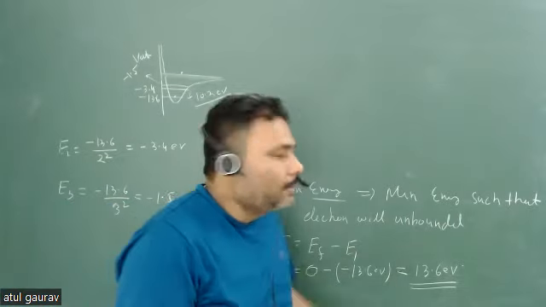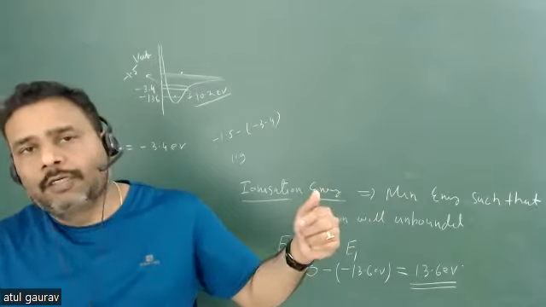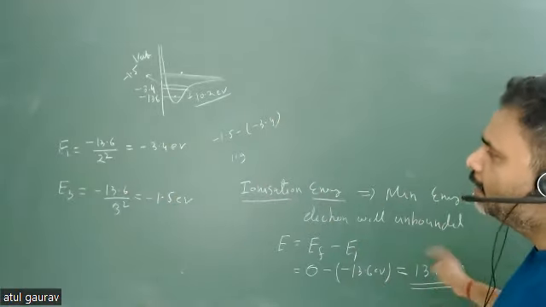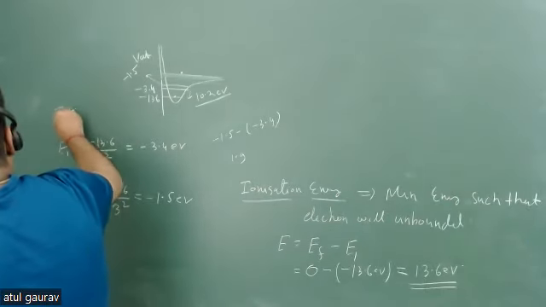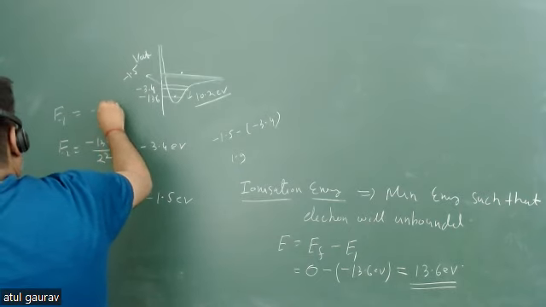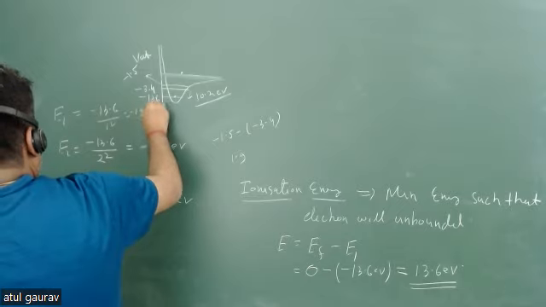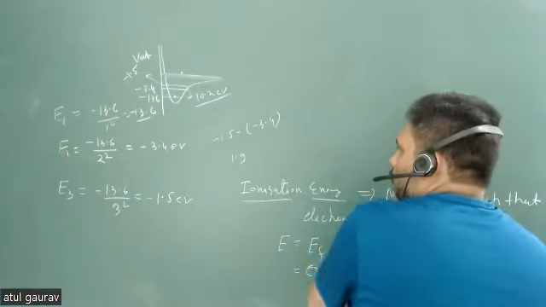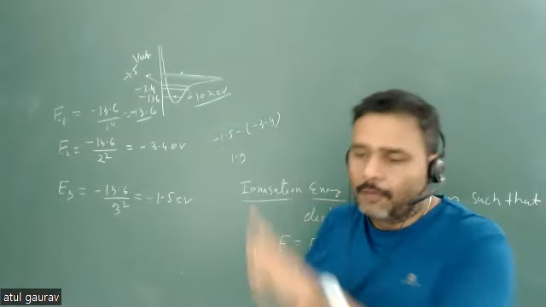This energy is positive, which means you are giving energy to the hydrogen atom, to the system. So this is your ionization energy. What is E1? E1 is basically minus 13.6 by 1 squared, that is minus 13.6. So ionization energy is just the negative of your ground state energy if you want to ionize your particle from the ground state.